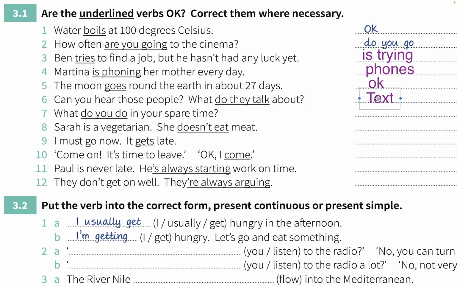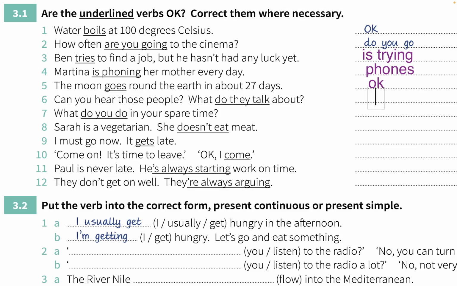Number 6. Can you hear those people? What do they talk about? Anyone want to try and answer this? It's okay. No. Good job, but it's not correct.